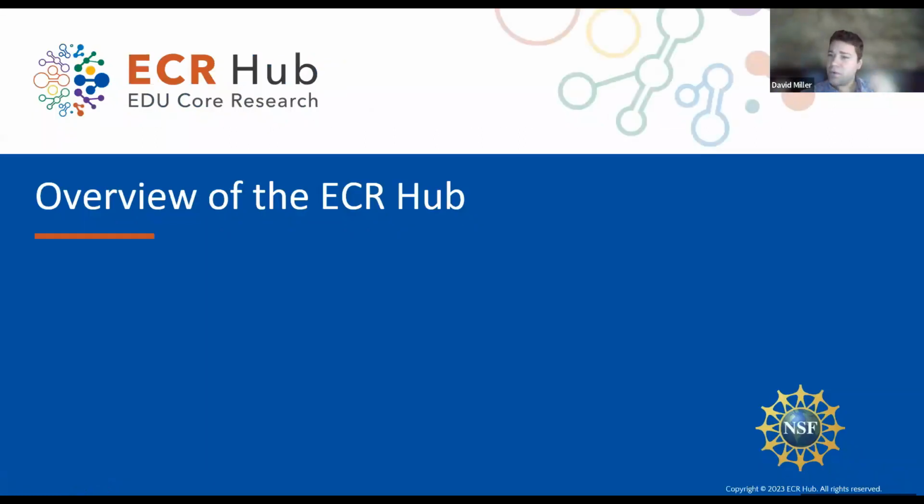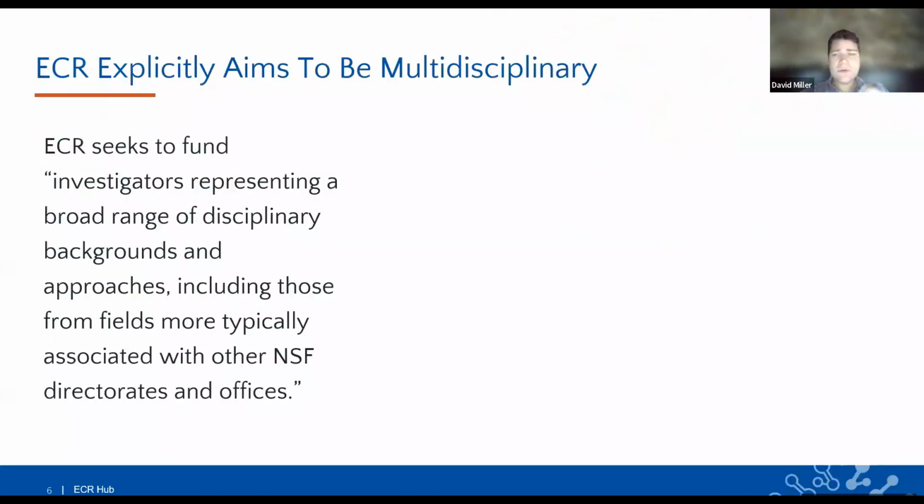Before going further, I want to first give a brief overview of the ECR program, the EDU Core Research Program, as well as the ECR Hub. ECR explicitly aims to fund investigators representing a broad range of disciplinary backgrounds and approaches, including those from fields more typically associated with other NSF directorates and offices.